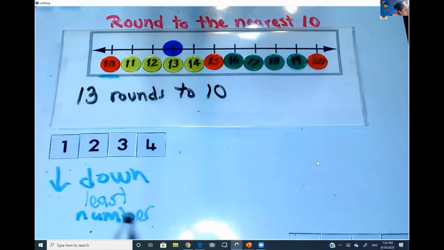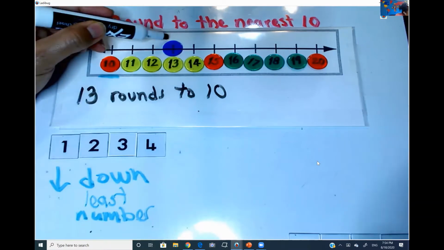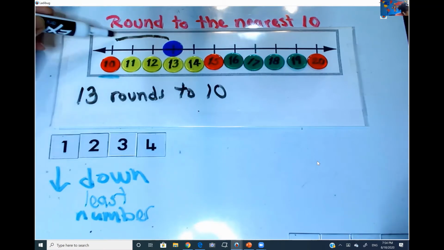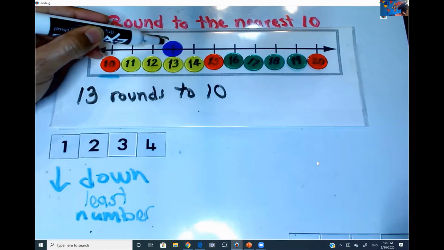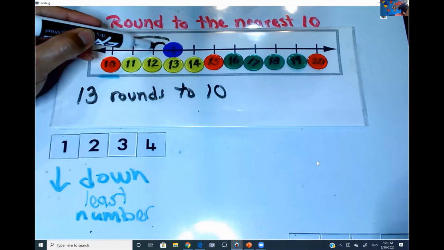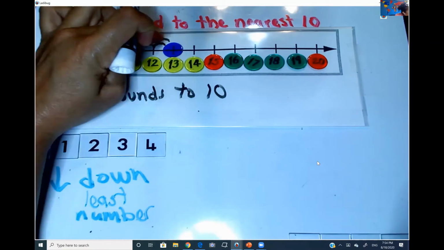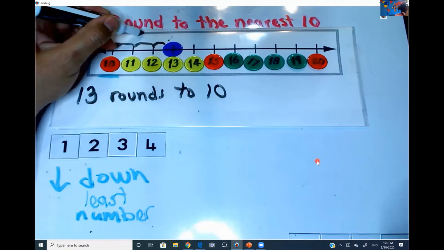Why? Because it finishes in 3, and that means I'm going down on the number line, I'm going to the least number. So when I go there, I notice that 13 is closer to 10 because I only have to jump three steps, 1, 2, and 3. So I'm only moving 3 spaces.